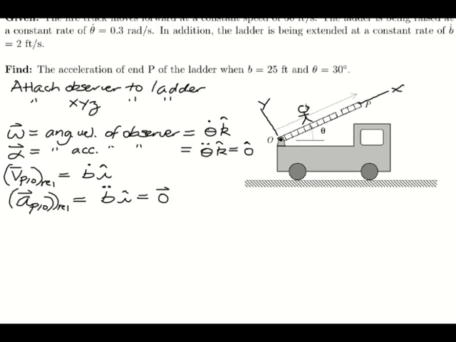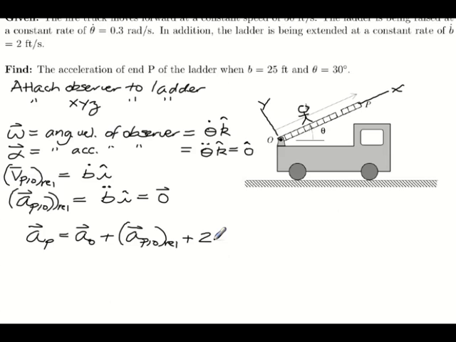So the last thing we need to do then is choose our point of reference. I'm going to choose point O. O is the attachment point of the ladder to the truck. So A_P is equal to A_O plus the acceleration of P seen by our observer.